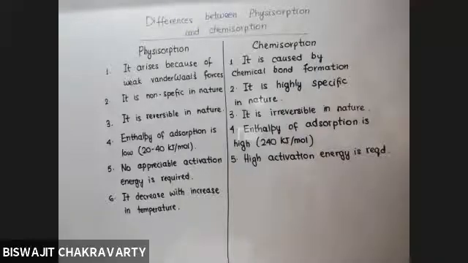If you increase the temperature, because the bonds are weak, it will weaken the bond. And when it weakens the bond, automatically desorption starts occurring and the adsorbate leaves the adsorbent, and therefore it decreases with increase in temperature.